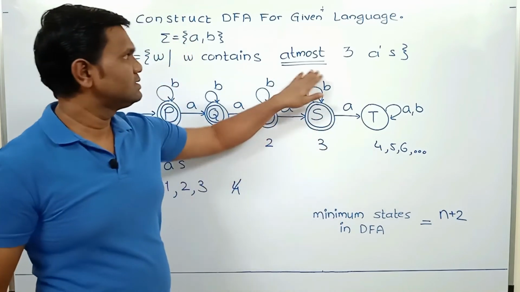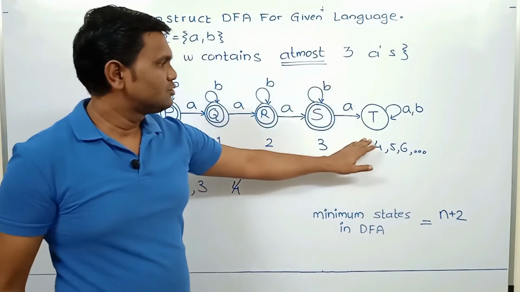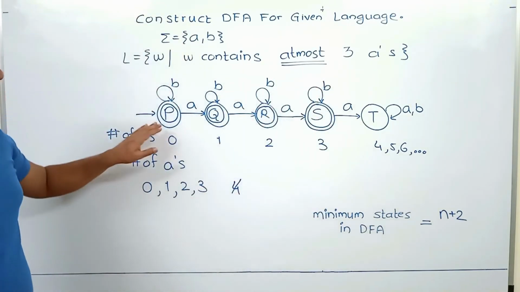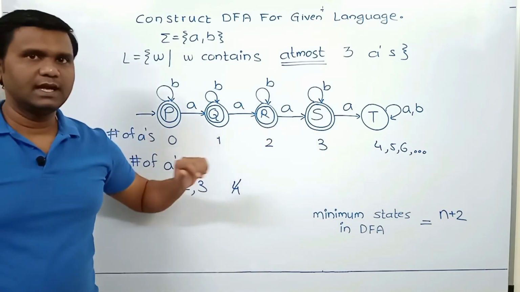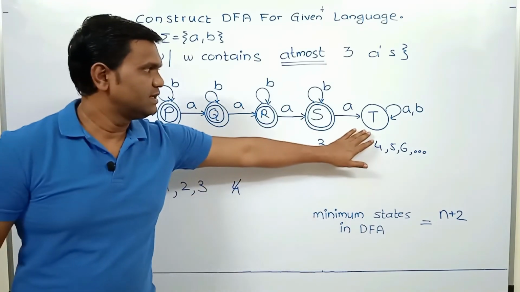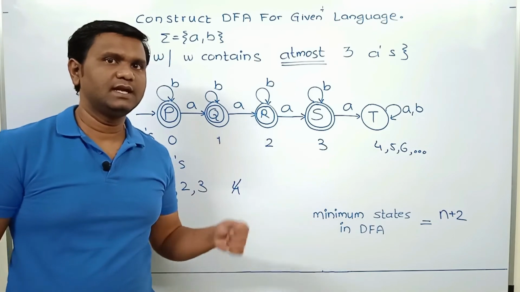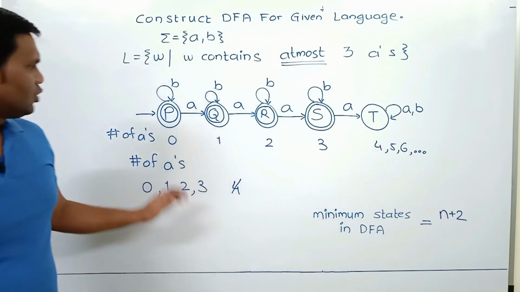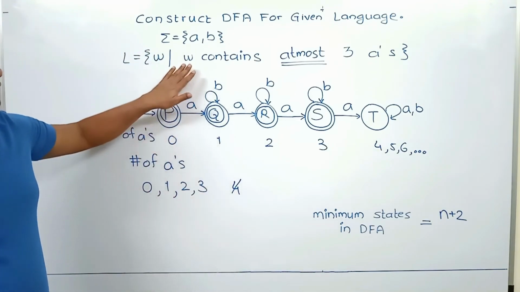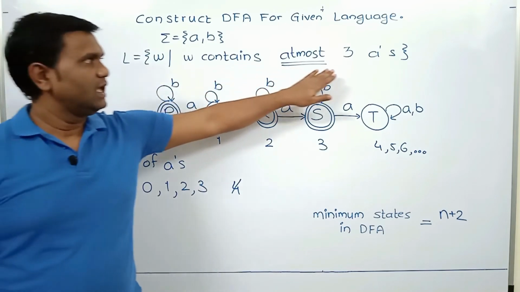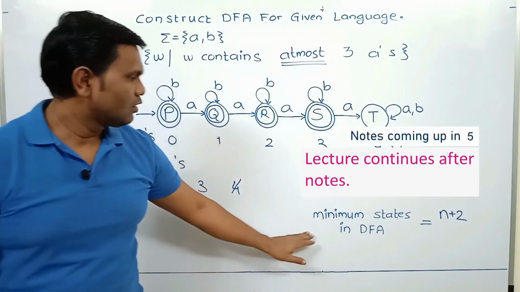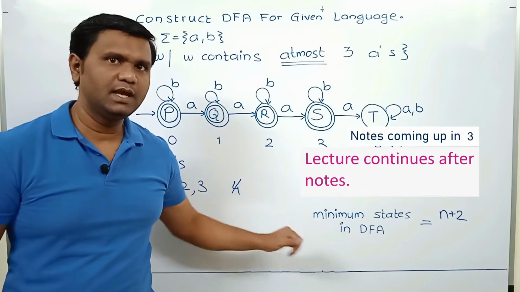So this condition is violated and the string should be rejected. So states P, Q, R, S, they are final states. State T is a non-final state and it is the trap state. So here also, if W contains at most n number of A's, the number of states in the minimal DFA will be n plus 2.